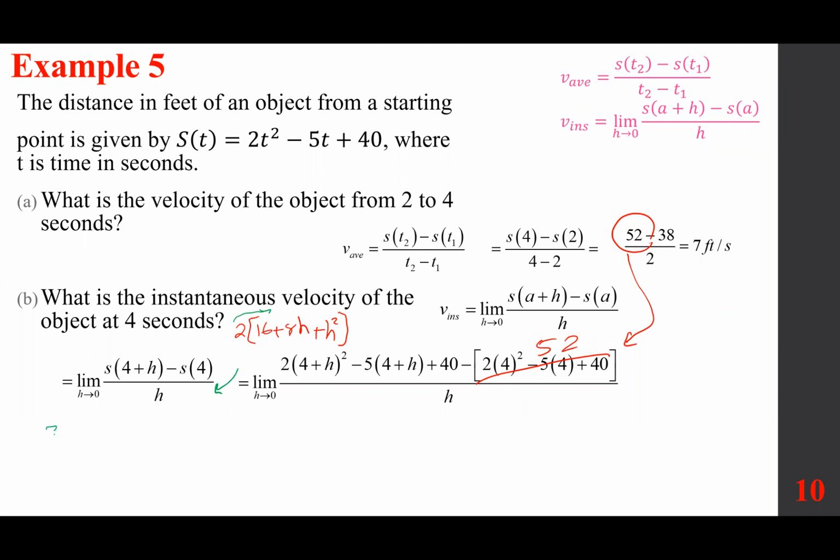So this is 32 plus 16h plus 2h squared, minus now 5 times 4 is 20, minus 5h, okay, plus 40.